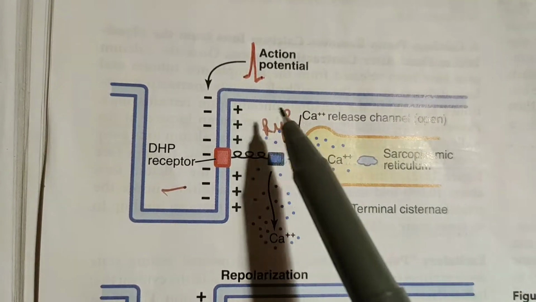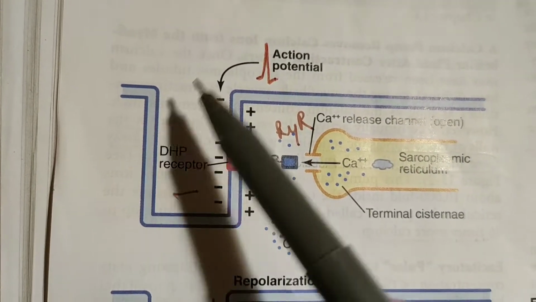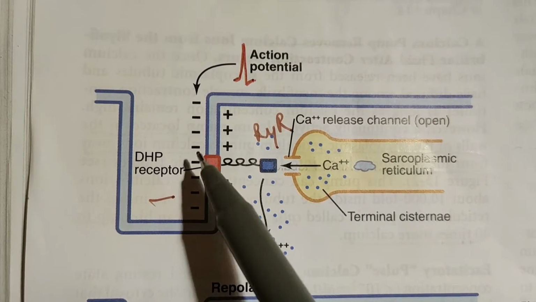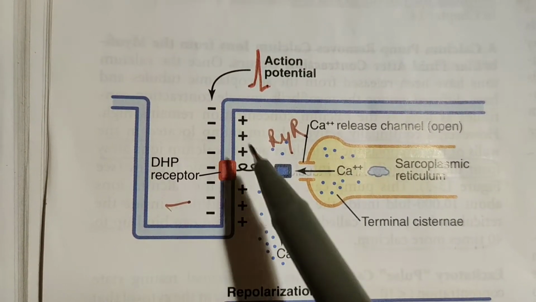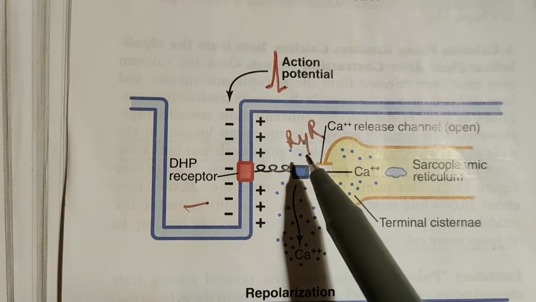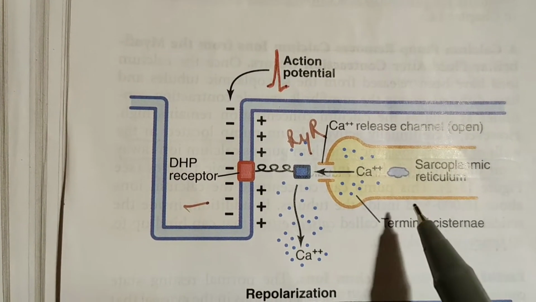So when the action potential comes, the voltage is sensed by the DHP, that is, dihydropyridine receptors, and it undergoes a conformational change, which causes a change in the RYR receptors on the sarcoplasmic reticulum.